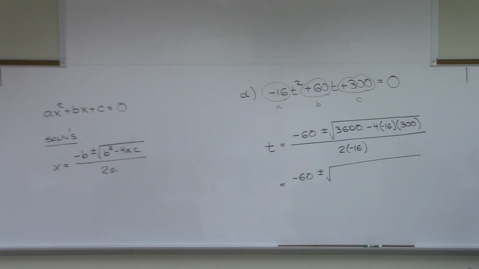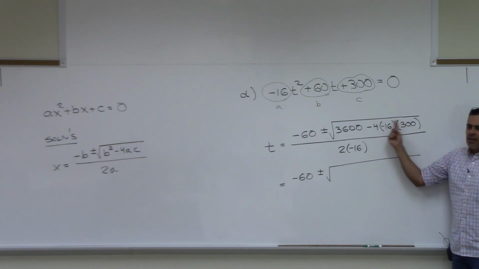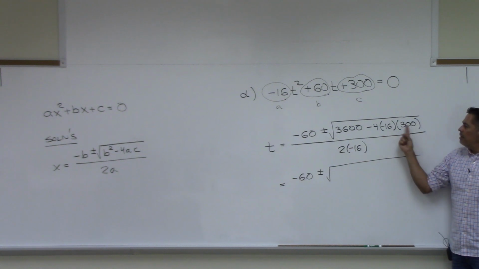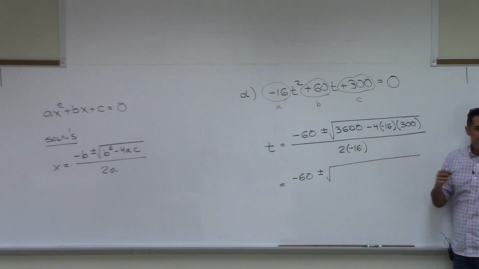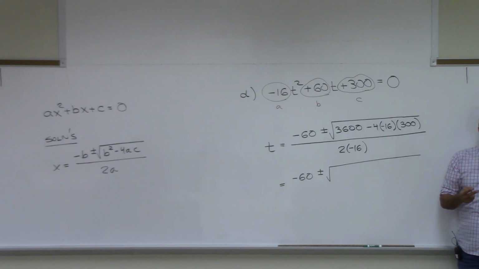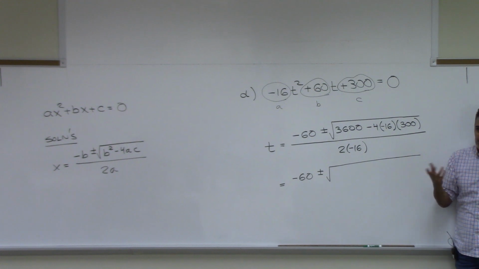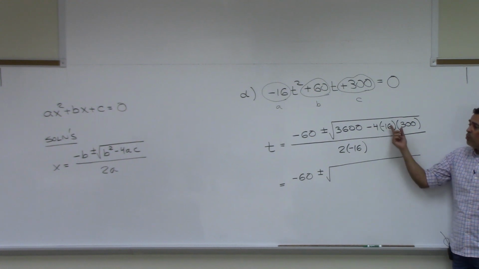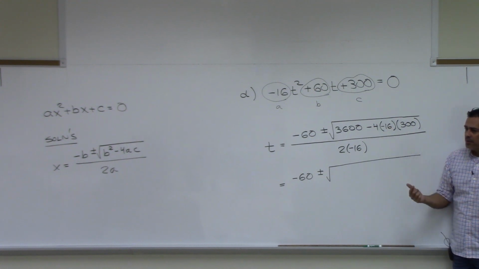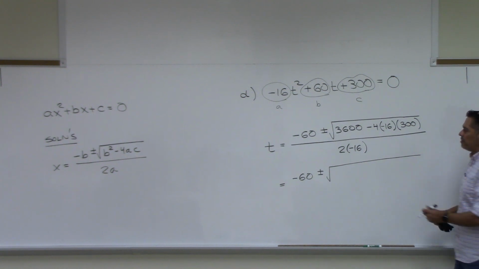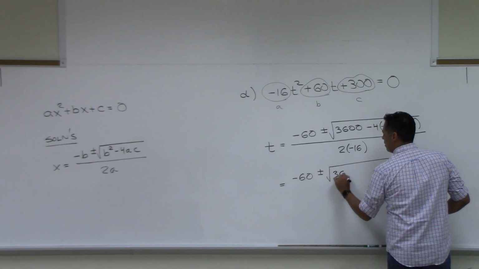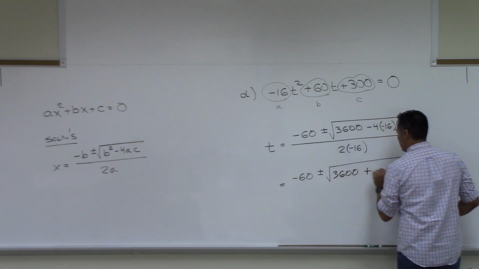What I like to do first is take care of this first. And so I told you all in class, the way I look at it is I count how many negatives I see. If I see 2 negatives, then it's going to turn to a plus. If I see 3 negatives or 1 negative, it's going to be a minus. So odd number of negatives, it's minus. Even number of negatives, it's plus. So I've got 3600 plus, because there are 2 negatives.